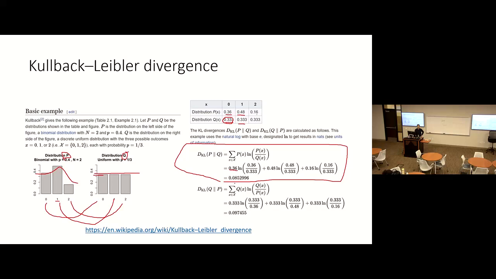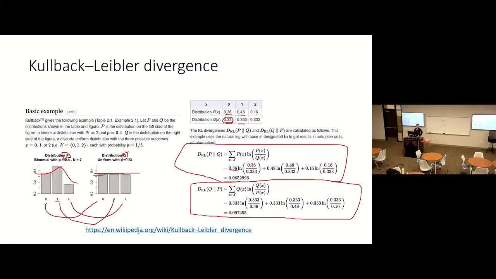If you use the same formula but change the order of P and Q, you get different numbers. So the KL divergence is not symmetric. It's different when you do PQ versus QP.